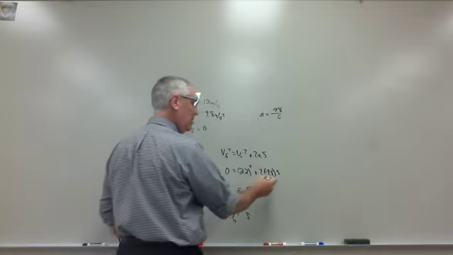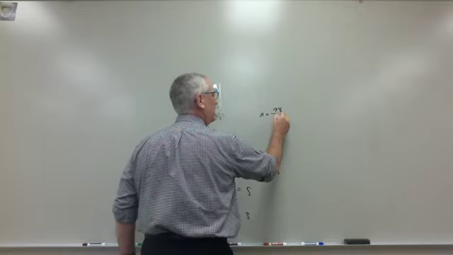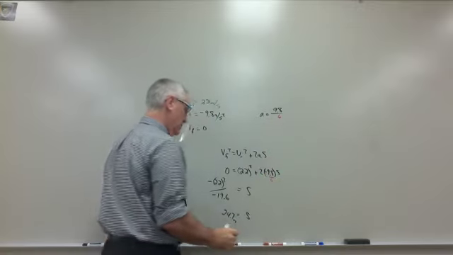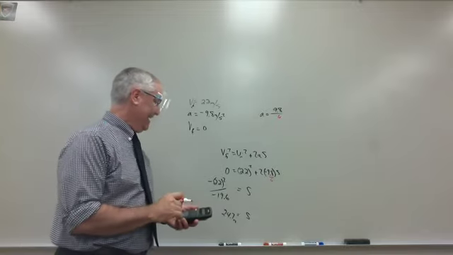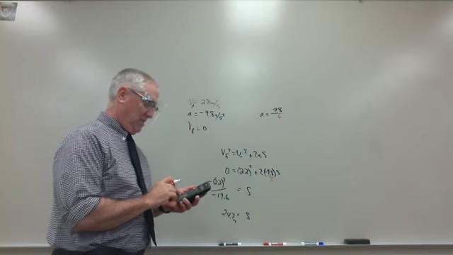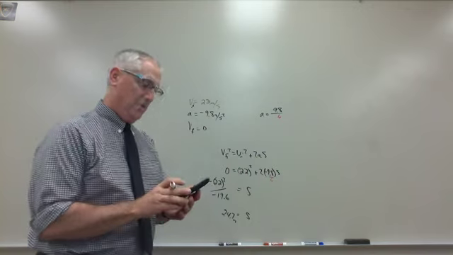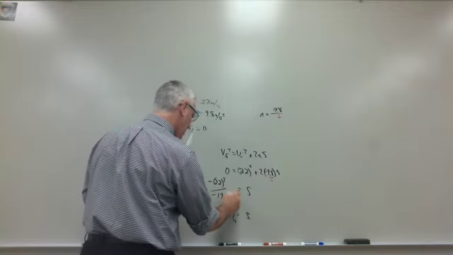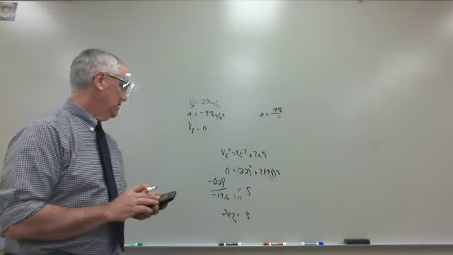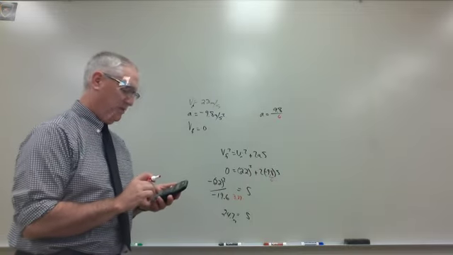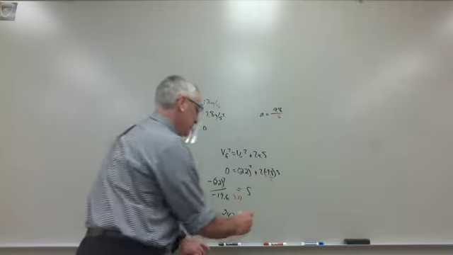This number right here, instead of being negative 19.6, would be 9.8 divided by 3, so this number would be 3.27. And so you take 22 squared divided by 3.27, and it's 148 meters.